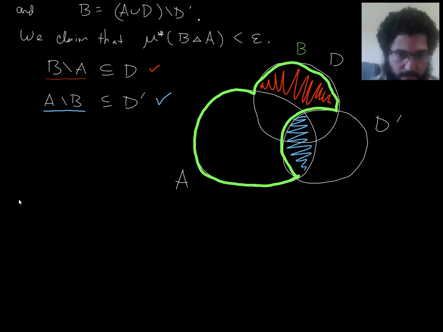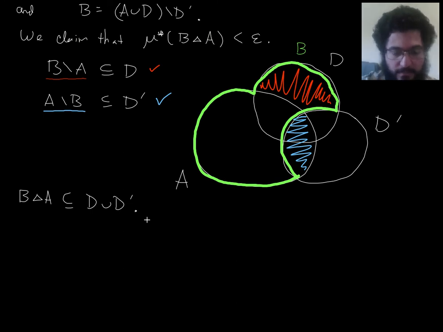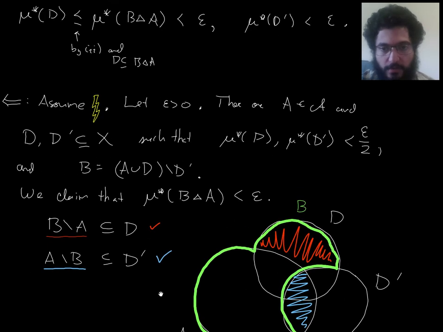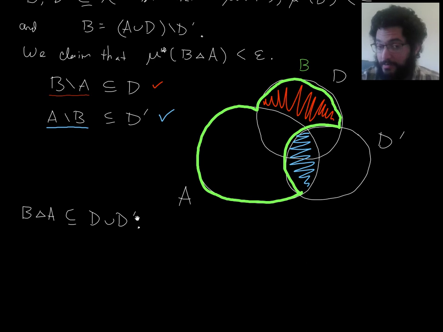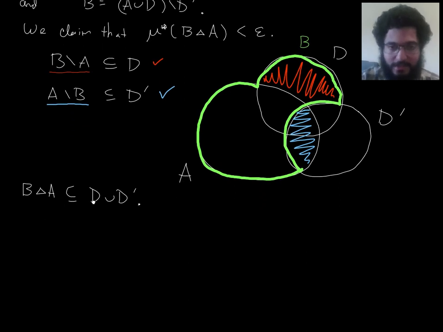So B symmetric difference A, red union blue, is a subset of D union D prime. And we know that the outer measure of D and the outer measure of D prime are both less than epsilon over 2, right? So then the outer measure of the union is also small?